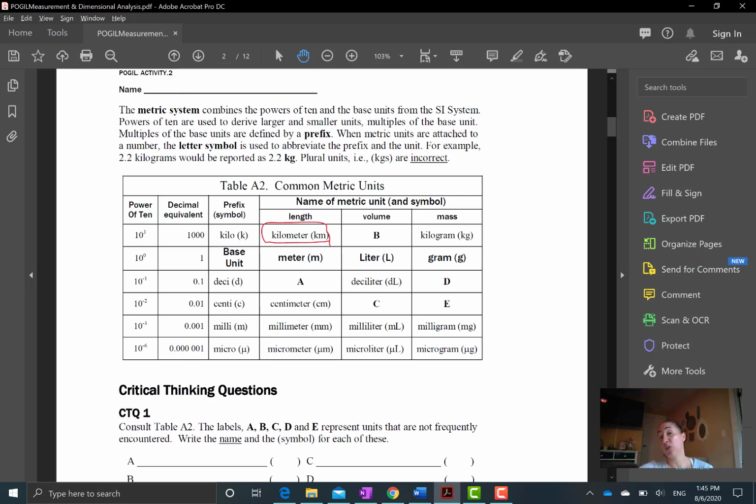So what you need to know as a student, when I say a kilometer, you need to know, first of all, the symbol that's used for that metric unit. So small case k, small case m. You need to know what power of 10 it is. So a kilometer is 10 to the third power, and the decimal equivalent, which is important for you to be able to do any problems for dimensional analysis or conversions for that matter.